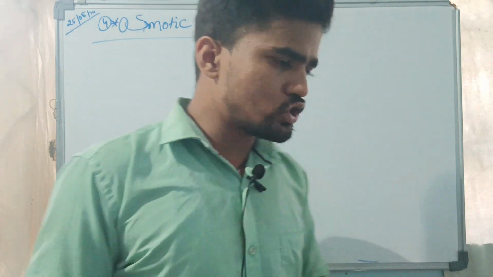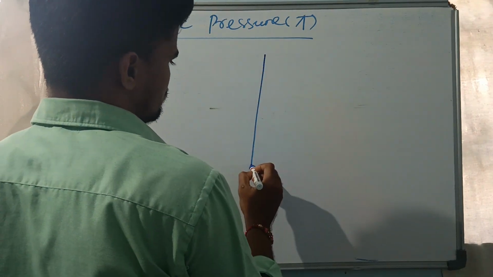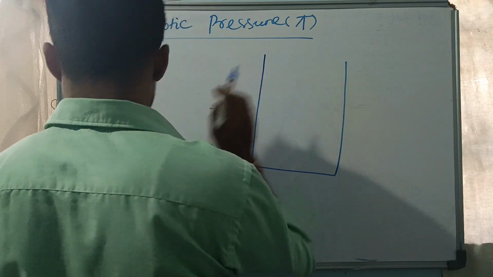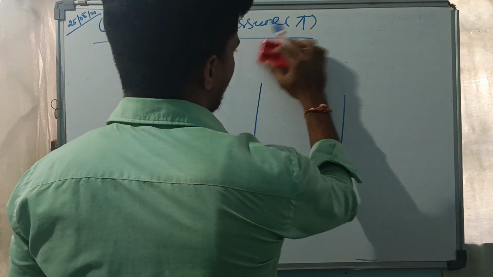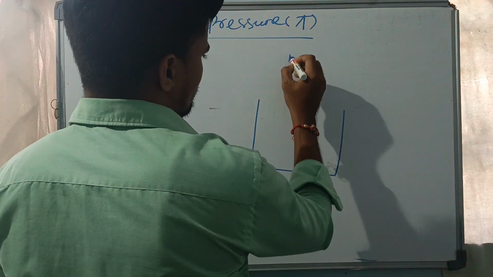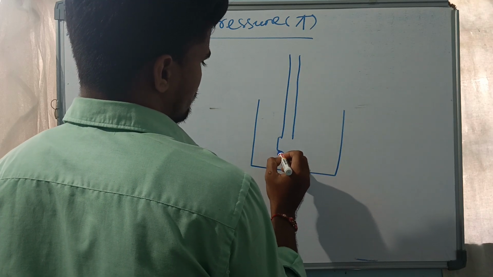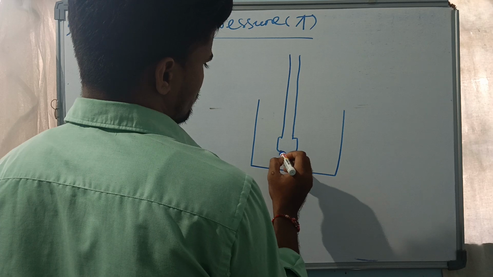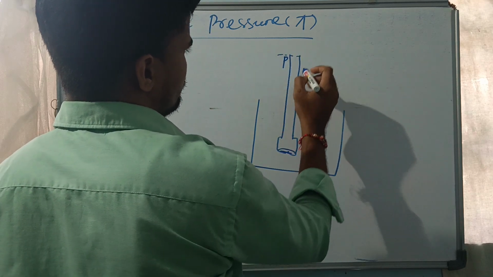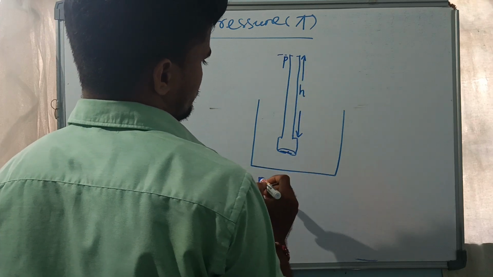Let's understand with a neat diagram. Suppose in this container I put a tube also. In this, pressure is there and h is the height.